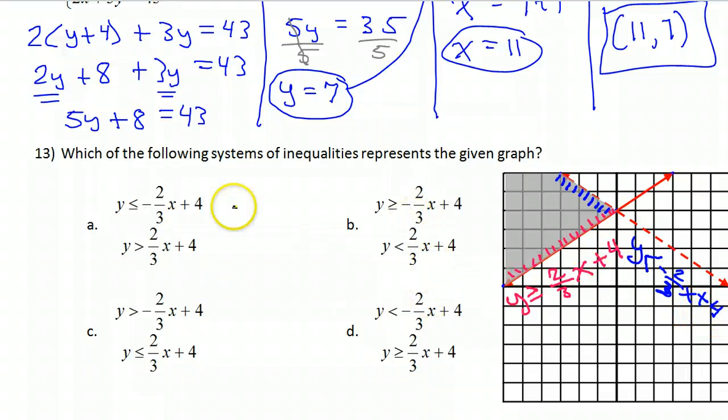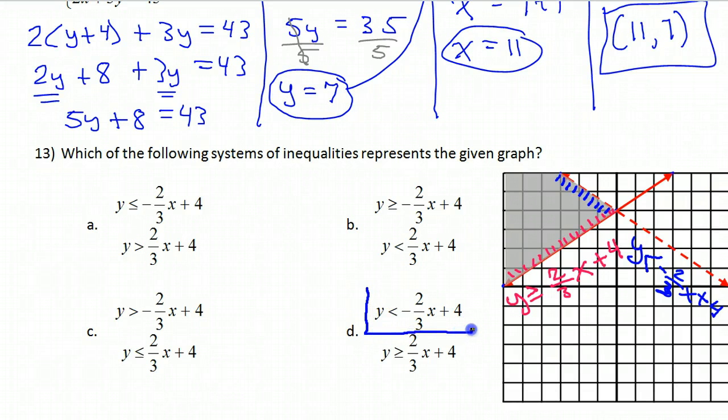So I'm just looking for these two inequalities in one package. The negative one seemed to be on top, so I'm looking for y is less than negative 2/3 x plus 4. Less than or equal to, greater than, less than. Boom.